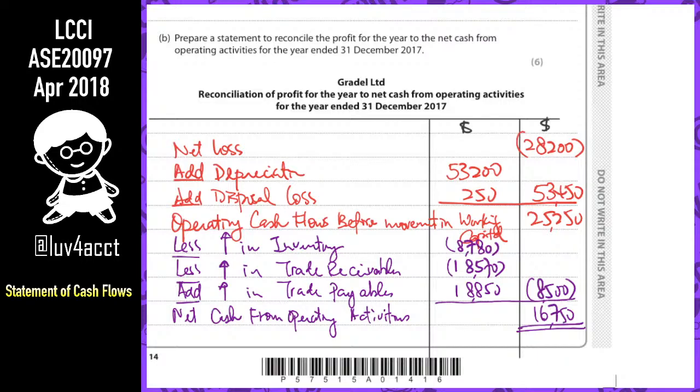Okay, inventory had increased. Okay, that might be because of the decrease in sales, and that we have made a loss, net loss for the year. Okay, so insufficient sales making you keep more inventory, possible. Okay, but then you have more trade receivable, and for that you can talk about two things.